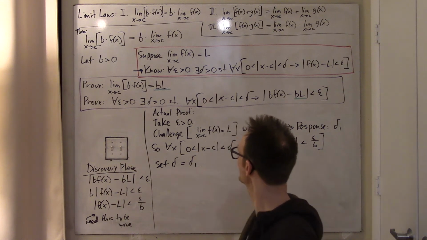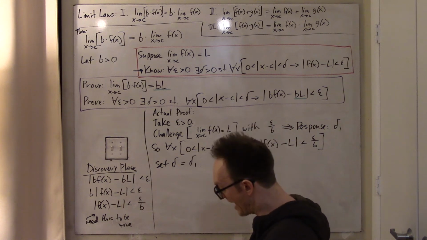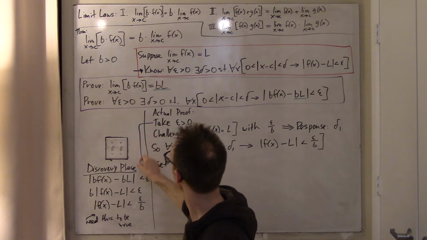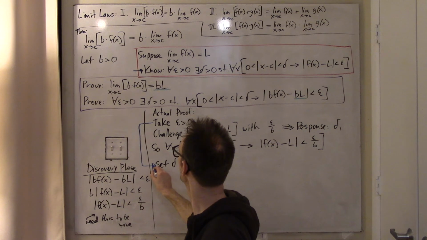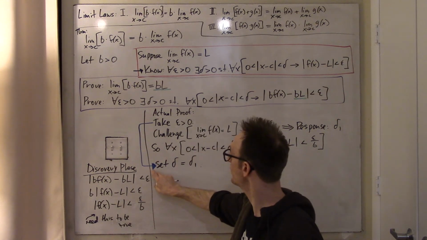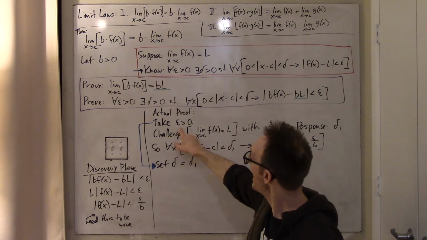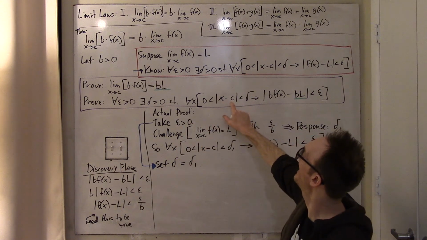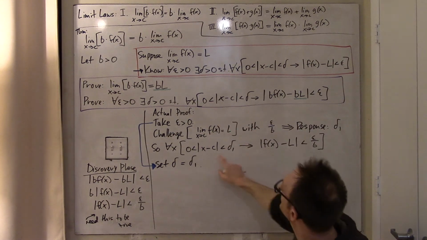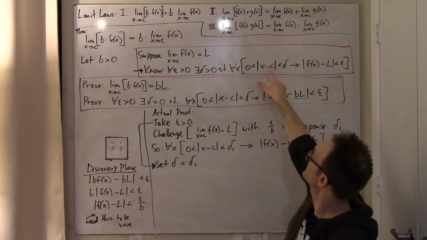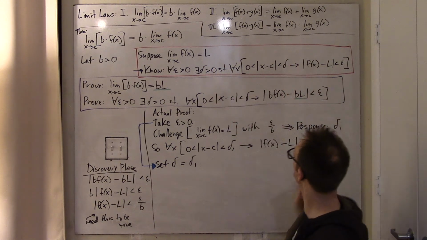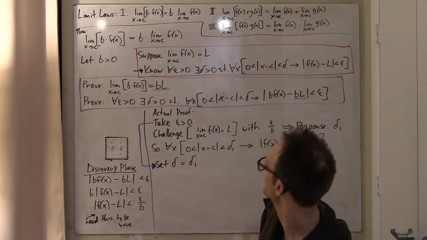In other words, responding to this challenge, I respond with delta 1. What I mean by that is how close you need to get to ensure this is true is exactly how close you need to get to C in this limit to show that the gap is less than epsilon over b.